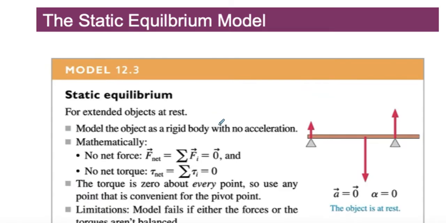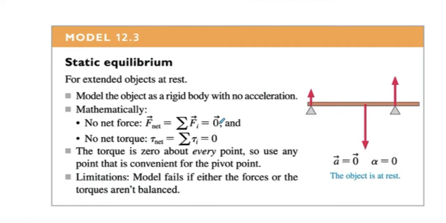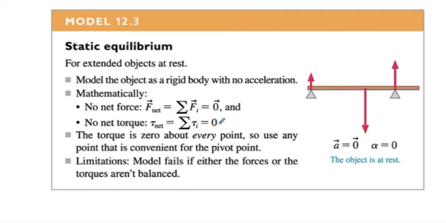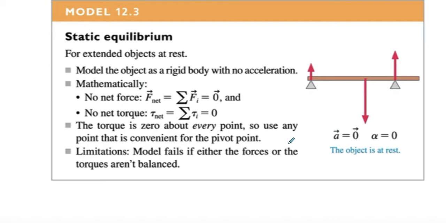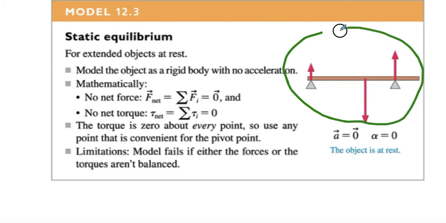Okay. So now, if you were to solve a problem with static equilibrium, first of all, you would take a diagram of your structure, and then you would draw all the forces acting on it. If our structure is this plank that is in between two support points, what forces are acting on it?